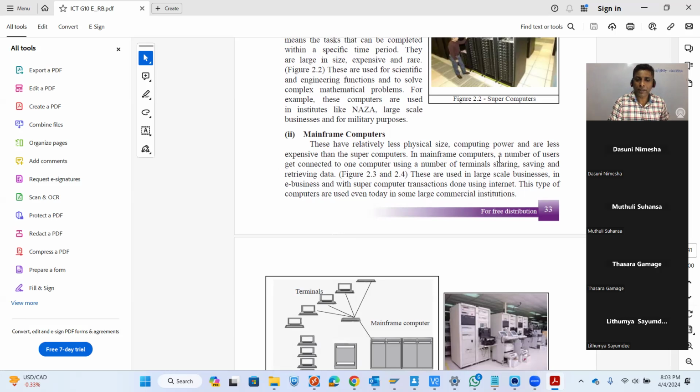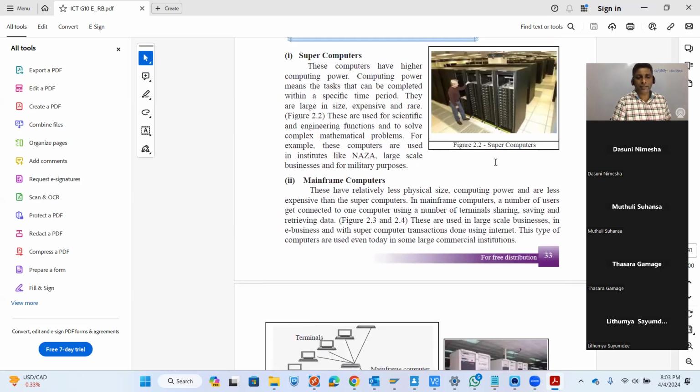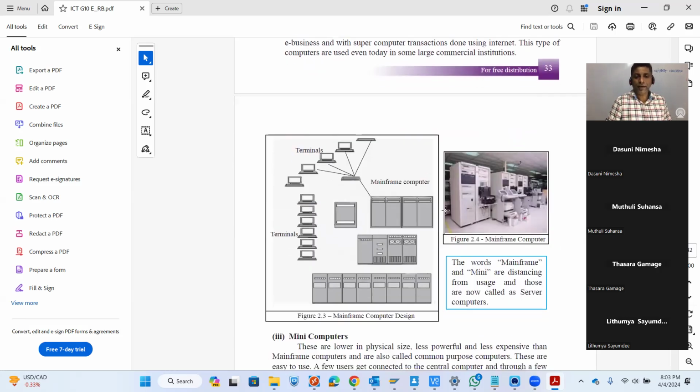In mainframe computers, a number of users get connected to one computer using a number of terminals, sharing, saving and retrieving data. So it's like this. Mainframe computer, right? Just imagine the system unit, and we have deployed some terminals across the users. Say there are 50 users.